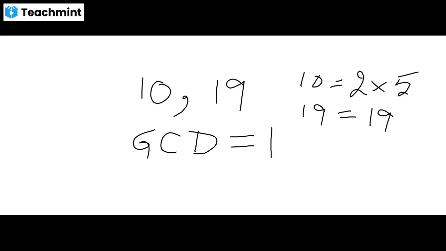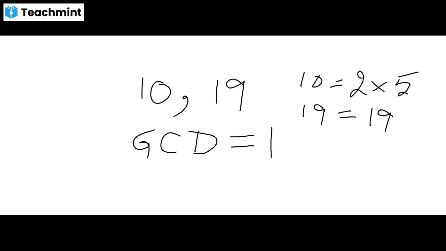Normally we don't write it. We don't include 1, and moreover we are looking as far as possible only at prime factors. 1 is not a prime number, so we felt that it is not required. But in some cases where we don't find any factor which is common, you must not forget 1. 1 is common. So GCD of 10 and 19 is 1.